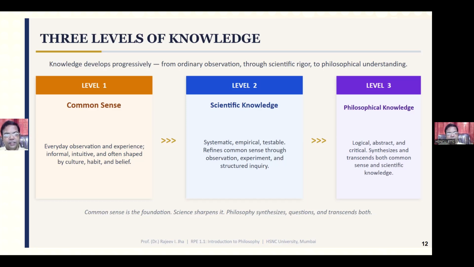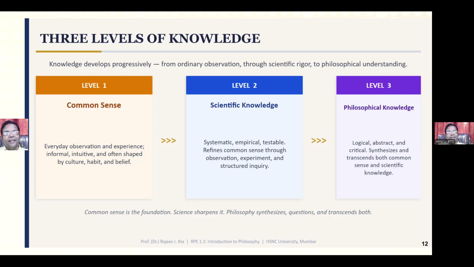In education research, the same progression occurs. A teacher's common sense about how students learn gets refined by cognitive psychology. This is scientific knowledge, which is then interrogated philosophically when we ask, what does it mean to learn? And for whom?